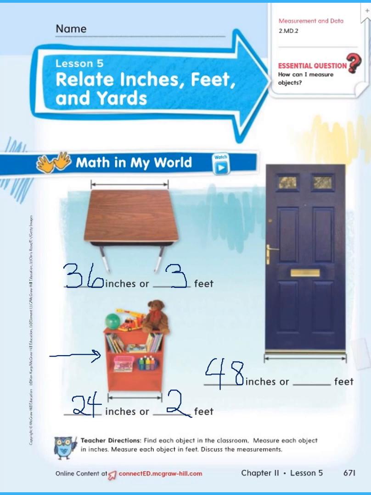And if you need to pause and do some addition, that's okay. Here's the answer. 48 inches is 4 feet. So this is relating measurements. This is what you're going to be doing today. Let's move on.